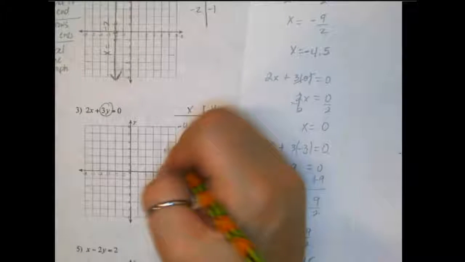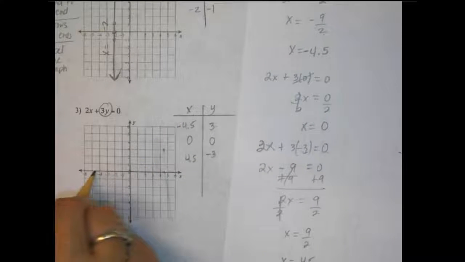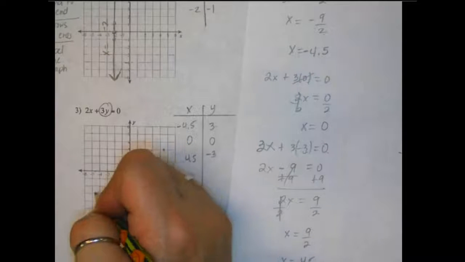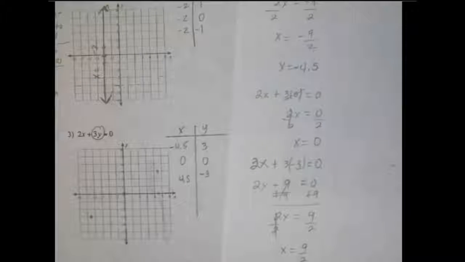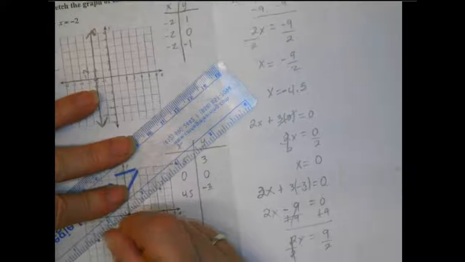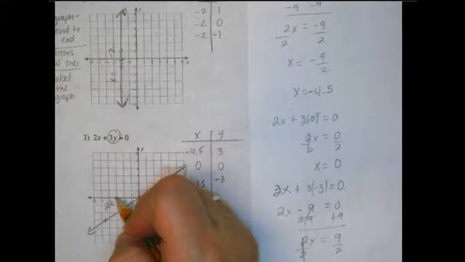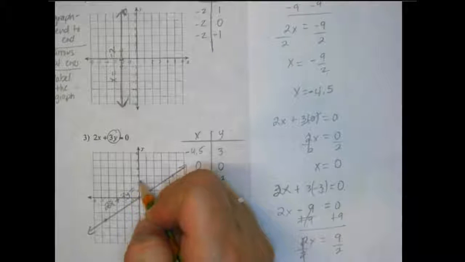Well, it should be there. Here, this one, X is negative 4.5. And Y is 3. Which gives me a diagonal line going through that point of origin. And I label it with my original 2x plus 3y equals 0.